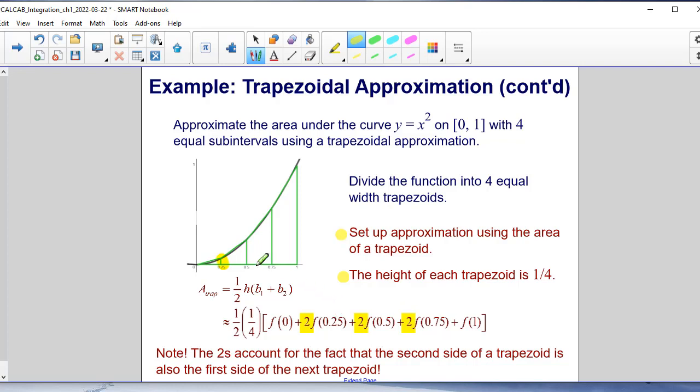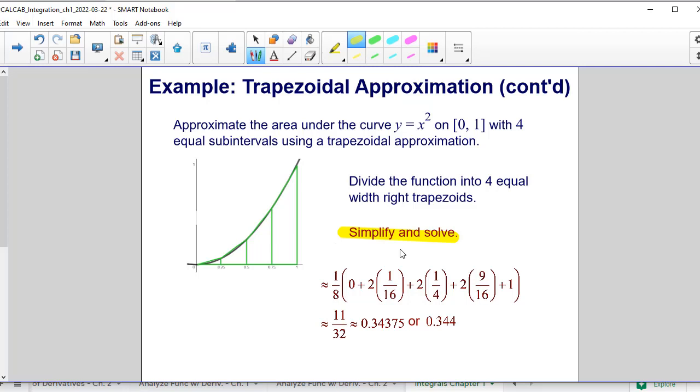And that continues on for f of 0.5 and f of 0.75. These are all used twice, the end of one and the beginning of the other. And then at the very end we have f of 1. So just to recap, note that the 2's account for the fact that the second side of a trapezoid is also the first side of the next trapezoid.